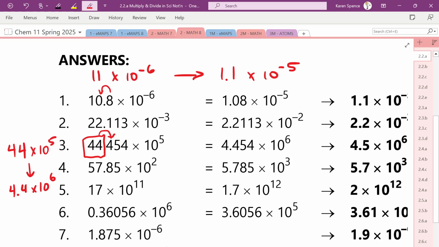I'm marking it. No, I'm figuring it out.